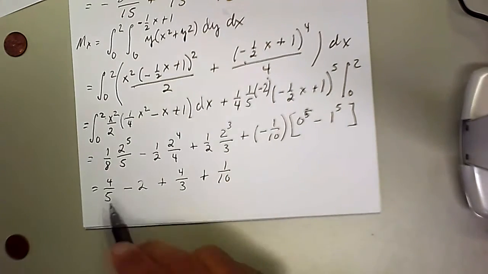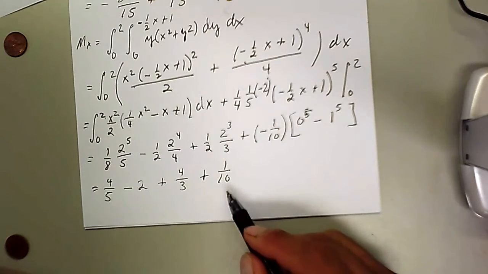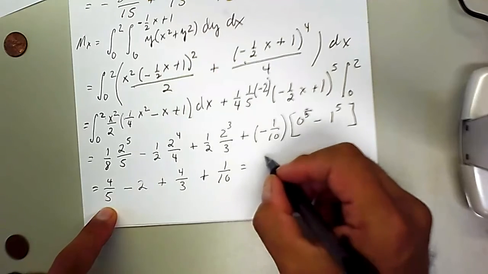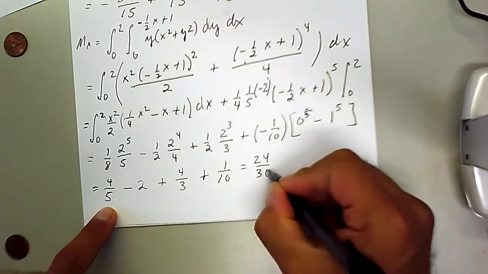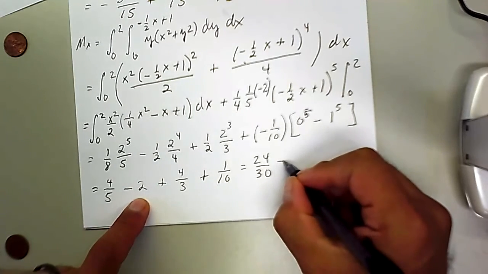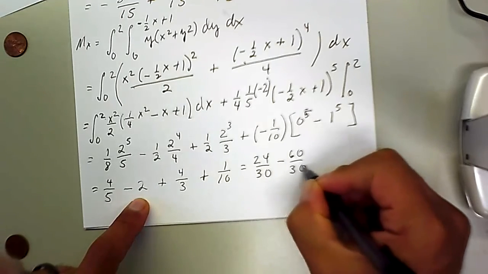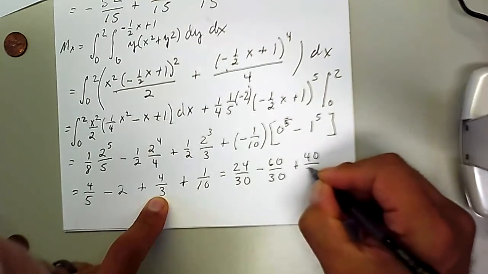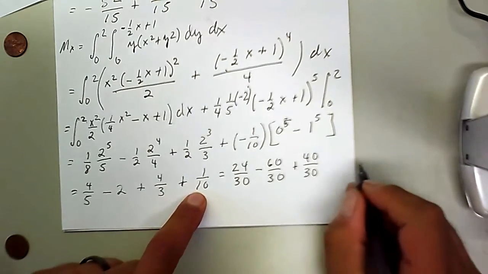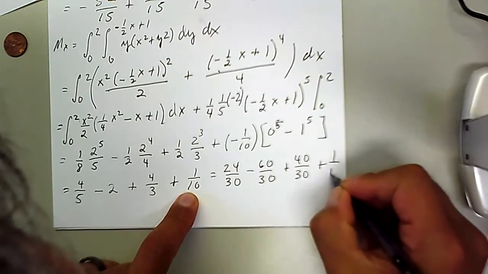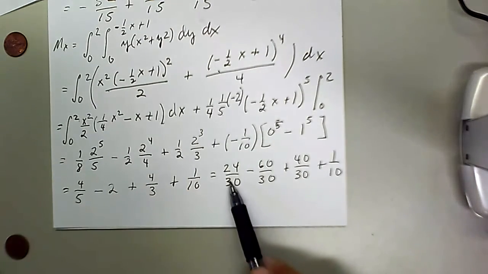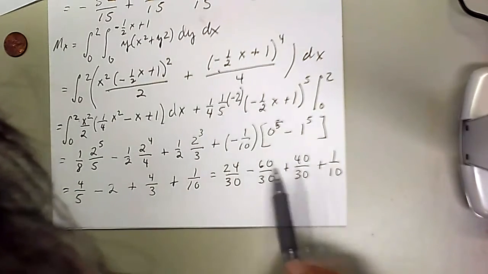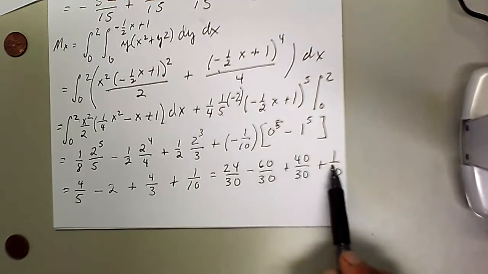Common denominator of those fractions will be 30. So multiply this by 6, 24/30. Multiply that by 30 minus 60/30, plus multiply that by 10, 40/30, and multiply that by 1. Okay. 65, when we add the positive fraction, 65/30.